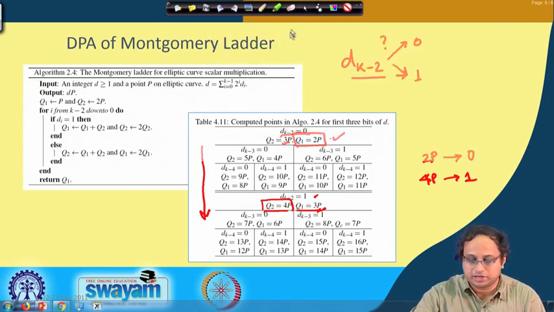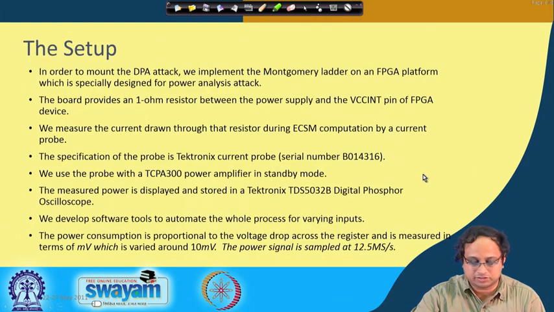So with this, let us see the setup again. In this case, we try to do a DPA with real power traces. In order to mount the DPA attack, we implement the Montgomery ladder on an FPGA platform, which is specifically designed for power analysis attacks, just like the one that we saw in some of the previous classes.